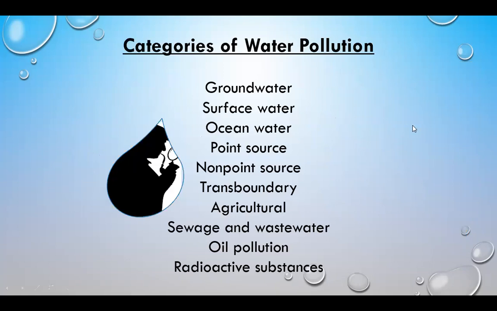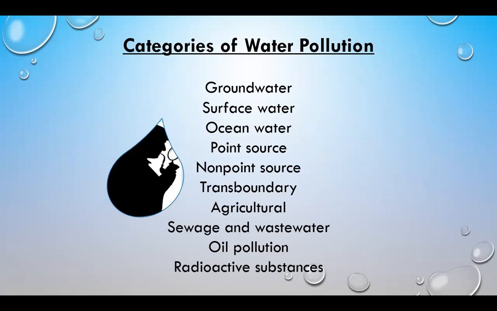There are a couple of categories of water pollution, and here I would expand further on this. Number one, what is groundwater? Yeah, groundwater is, as we said just now, the water that seeps into the ground.